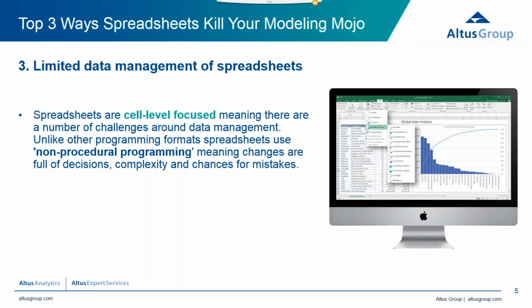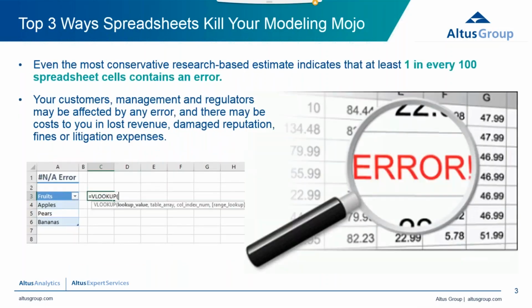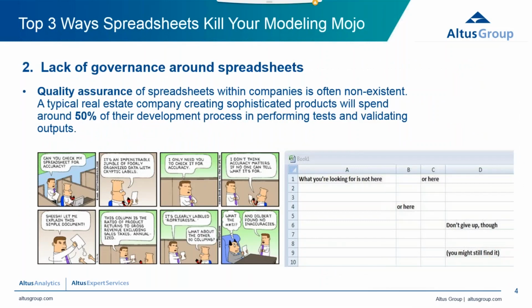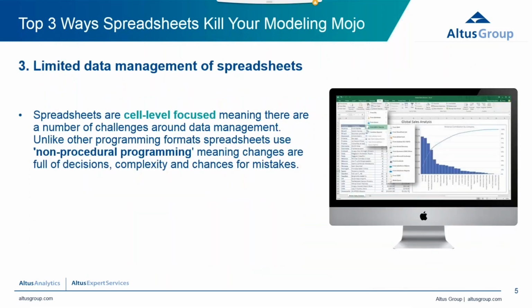So we are going to talk about that once we're in our Excel sheet, and we're going to talk about how AE can help solve that. So those are our top 3 pitfalls of modeling in Excel: inherent errors, lack of governance around spreadsheets, and limited data management when it comes to spreadsheets.